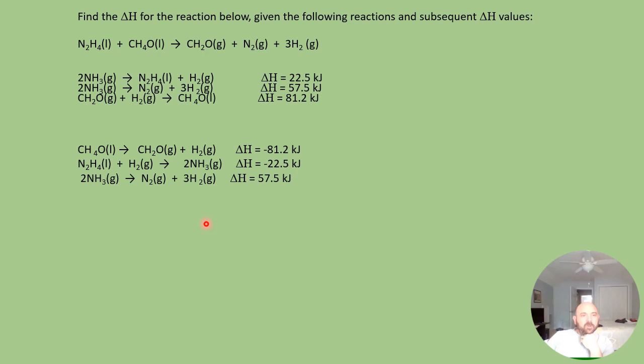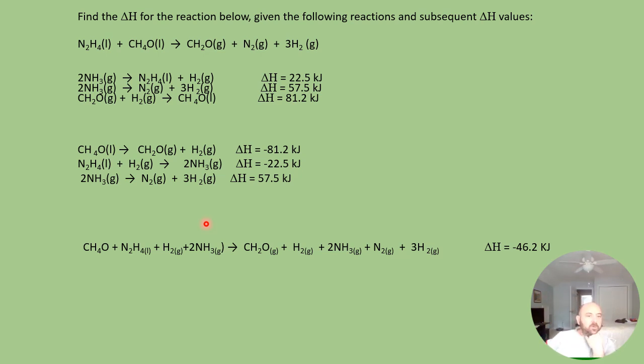So if we put all of our reactants on the reactant side and all of our products on the product side, this is what we come up with. We have CH4O plus N2H4 plus H2 plus 2NH3 yields CH2O plus H2 plus 2NH3 plus N2 plus 3H2.